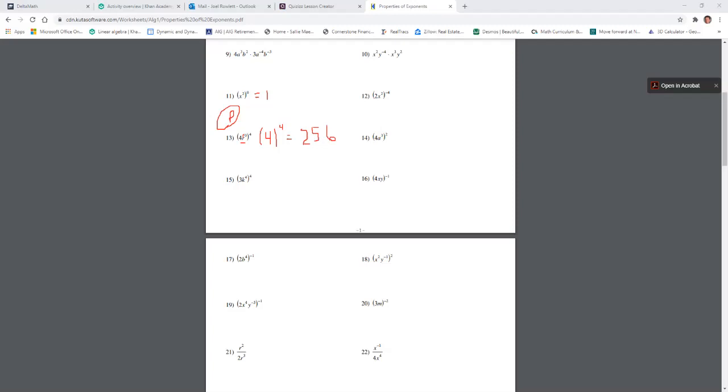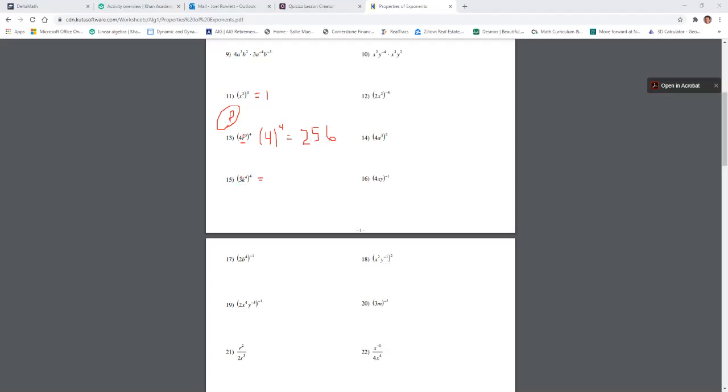Moving on to number 15. On problem 15, notice that I have a 4 here that's on the outside of the parentheses, and that means this 4 affects everything inside. Everything on the inside is affected by that exponent. So let's keep that in mind. Remember, we technically have a 1 here, right? 3 to the power of 1.